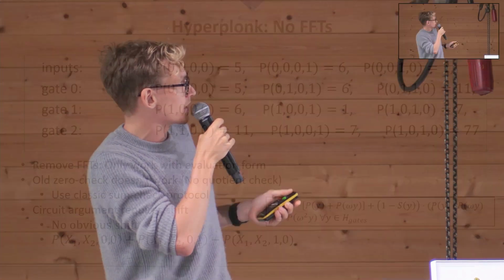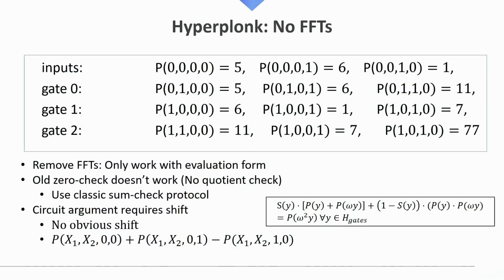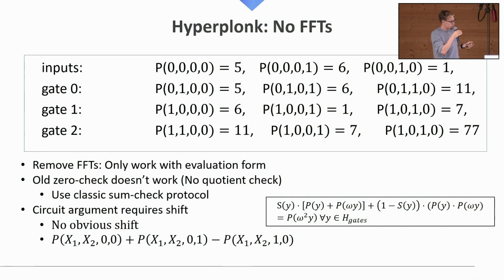The problem is that the shift is not really obvious, right? There's not really some obvious thing that I can multiply this 0, 0, 0 with to get 0, 0, 1. It's not quite clear how I iterate through the space. It turns out, though, that in the circuit argument, this is fine. If you look at these variables closely, the way that we laid things out here is that the first variable always ends with 0, 0, the second variable ends with 0, 1, and the third variable ends with 1, 0.